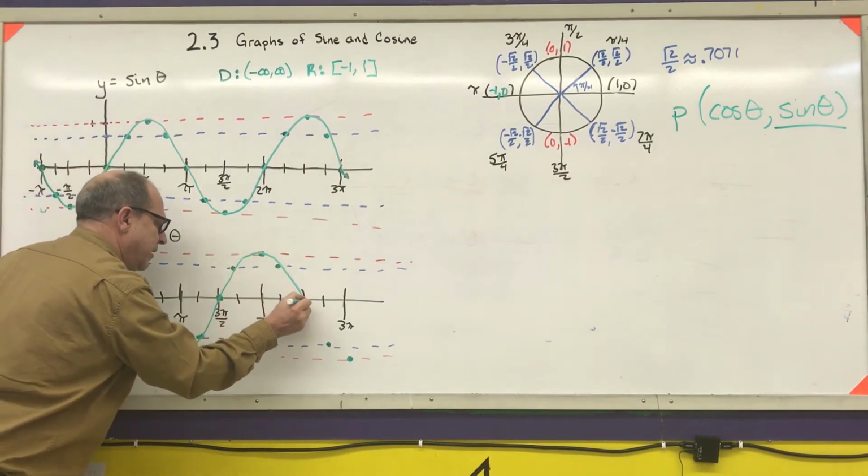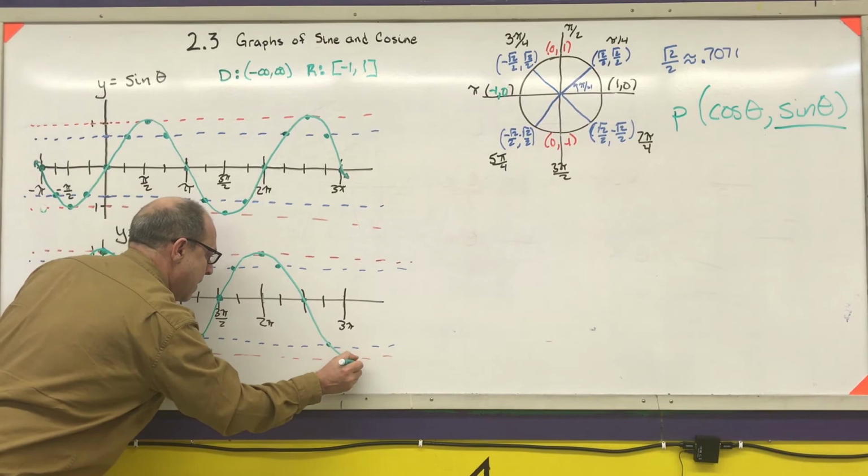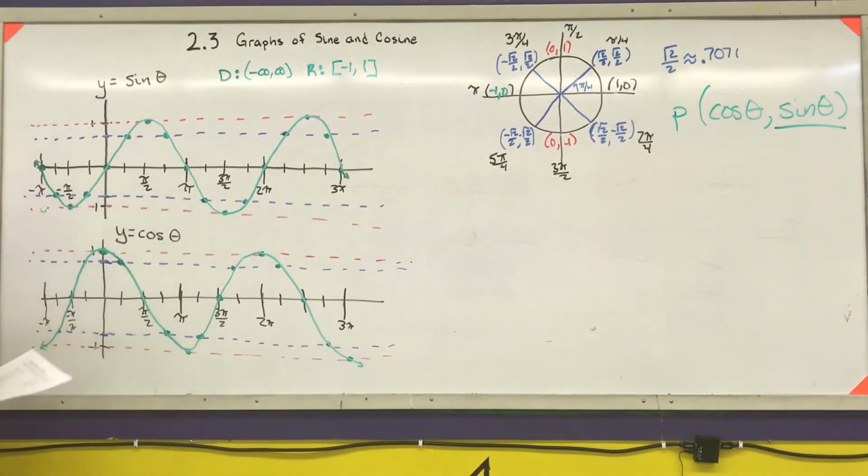And we connect them with a smooth curve. So that is the basic graph of the cosine function, and we have the basic graph of the sine function.